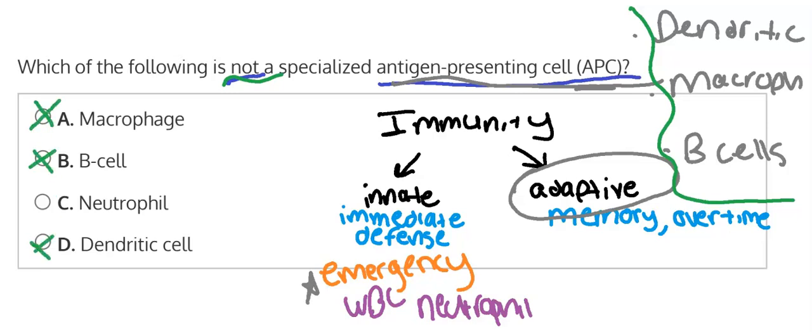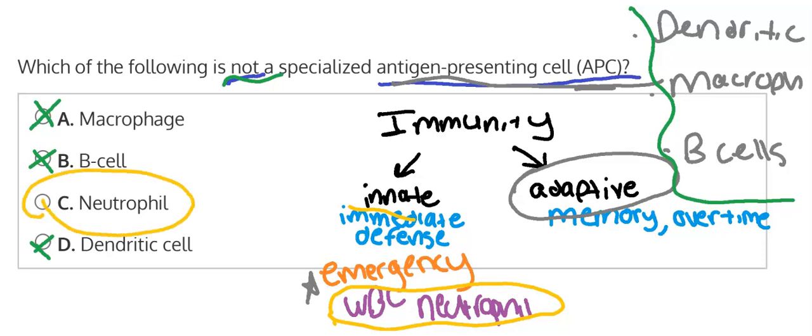That leaves us with option C, the neutrophil, which would be correct because, as we recall, we discussed the neutrophil when we were talking about innate immunity. It is not part of the antigen-presenting cell group, not part of adaptive immunity, it's part of innate immunity. So it's correct to say that it's not a specialized antigen-presenting cell, and therefore option C, the neutrophil, is the correct choice.